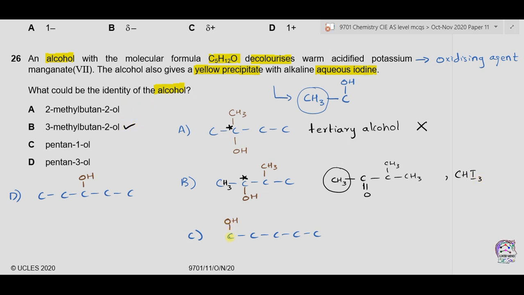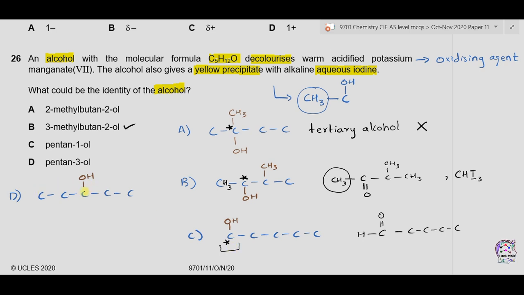In C we have a carbon atom attached with the OH group, and this is a primary alcohol, so the primary alcohol will oxidize to aldehyde. The second reaction is with alkaline aqueous iodine. As there is no CH3 directly attached with this carbon, this won't give a yellow precipitate.